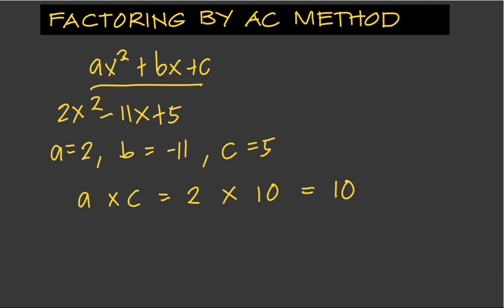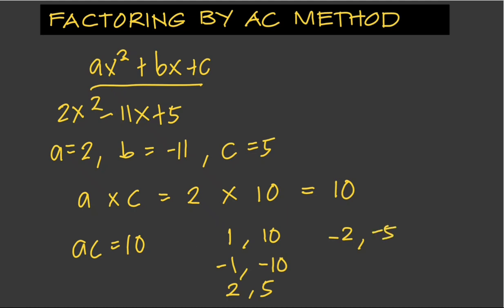So what are all the factors of AC? Since AC is equal to 10, what two numbers can we multiply to get 10? In our case, the factors of 10 can be 1 and 10, negative 1 and negative 10, 2 and 5, then negative 2 and negative 5.